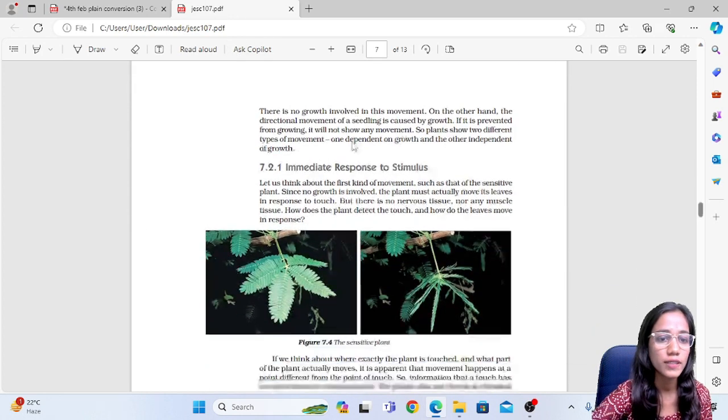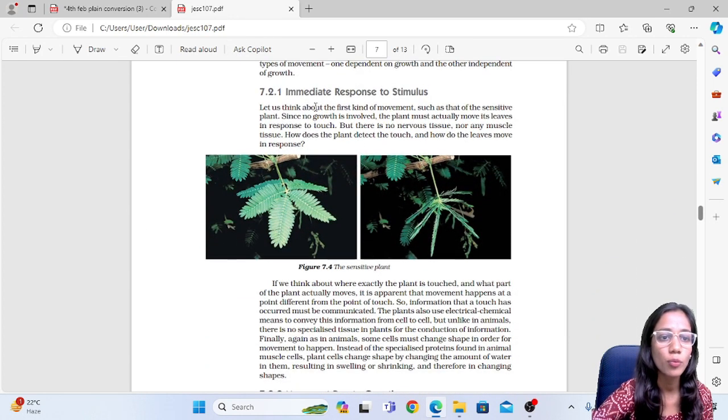Now we'll see how they respond to the stimulus. What are these responses? Whenever the touch me not plant is touched, the part which shows movement is different from the part which is touched.